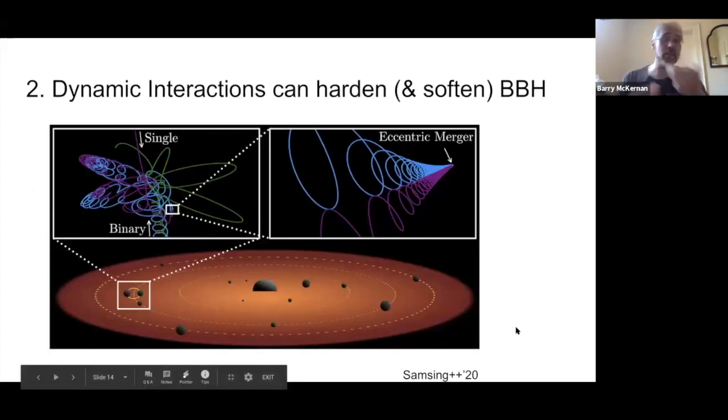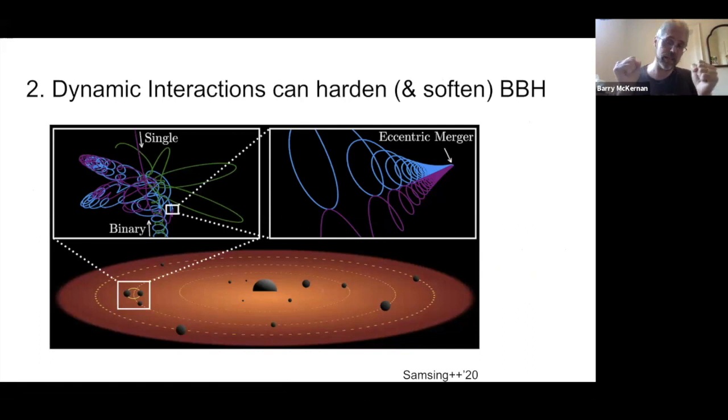Gas is not the only thing that can harden a binary, bring it closer to merger, or soften it. In AGN disks, there are multiple objects, all migrating and all potentially encountering each other. And dynamical encounters can be super interesting.